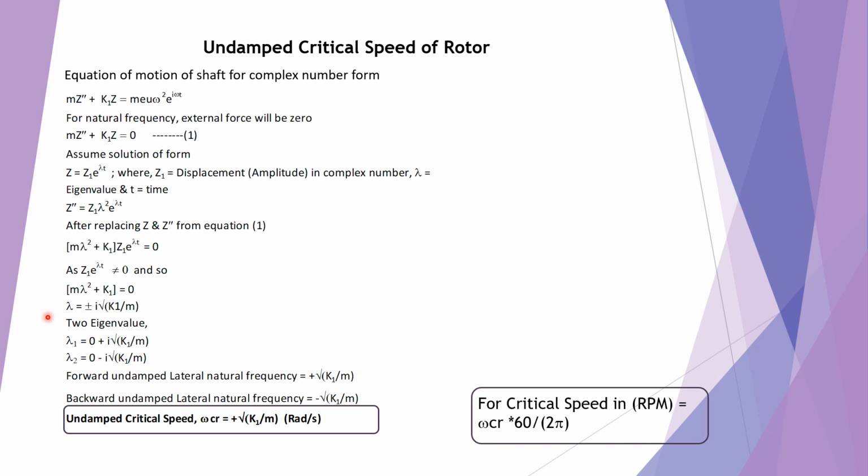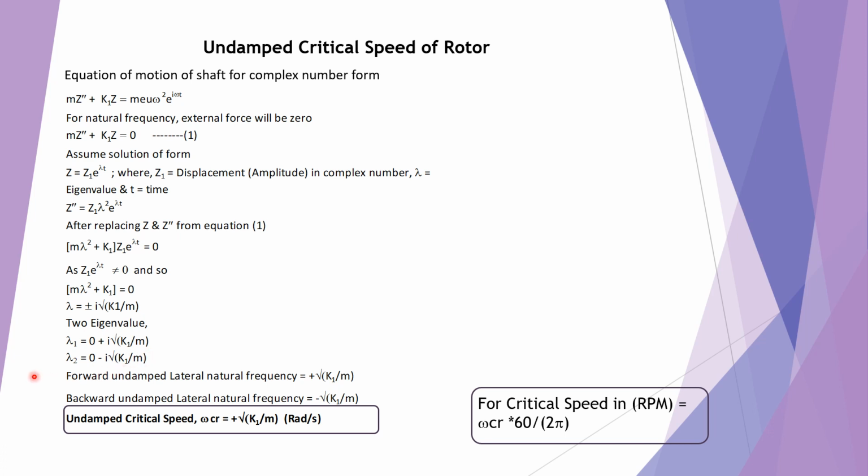So lambda is equal to plus minus i into square root of k1 upon m, where it has two eigenvalues. Lambda 1 is equal to 0 plus i into square root of k1 upon m.